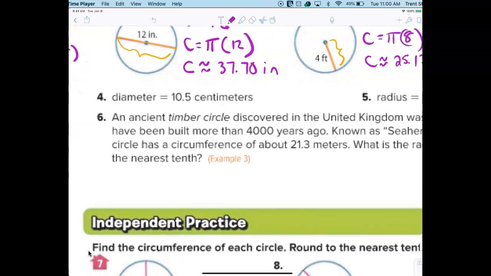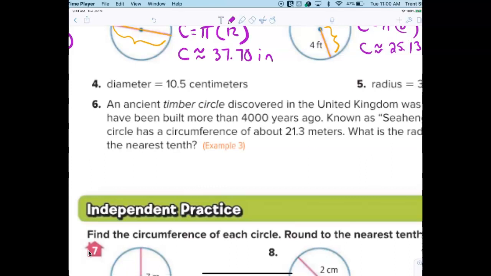Number 4. So now they just didn't draw the picture for you. They didn't draw the picture. All right, go. Write the formula. So, C equals pi times the diameter. Yep.